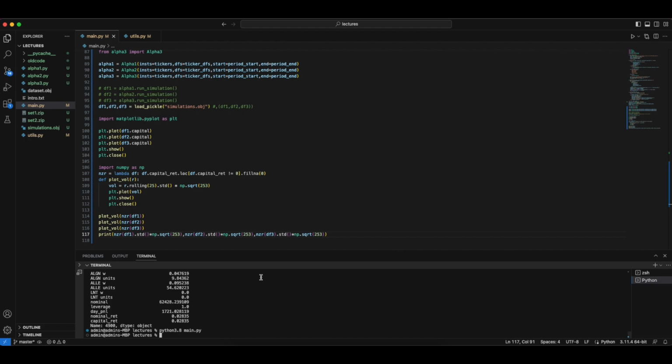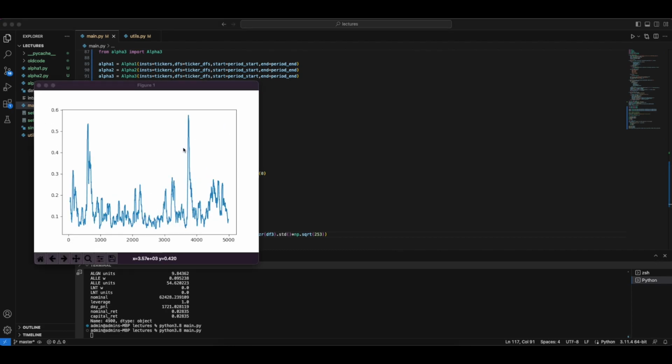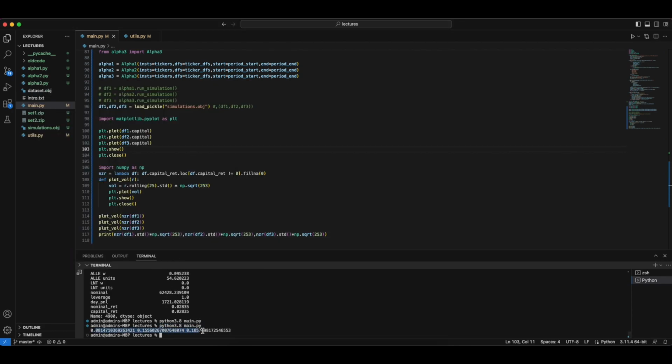So okay, so this is the annualized volatility.